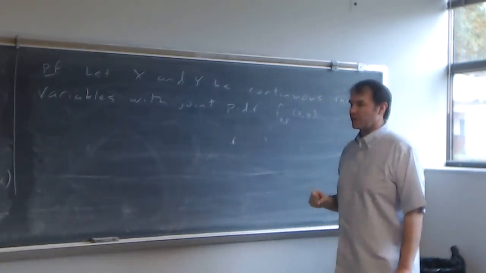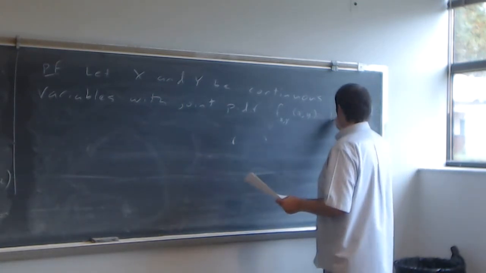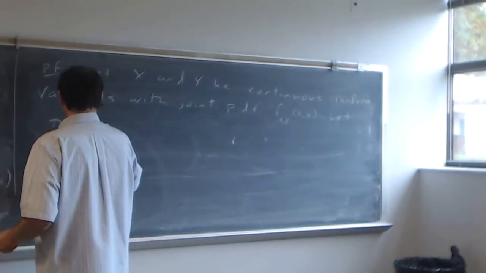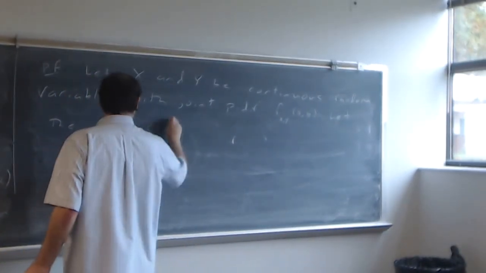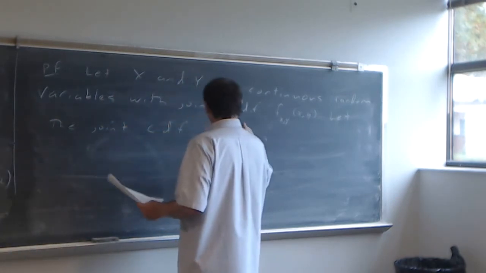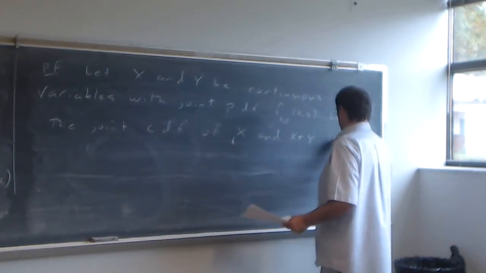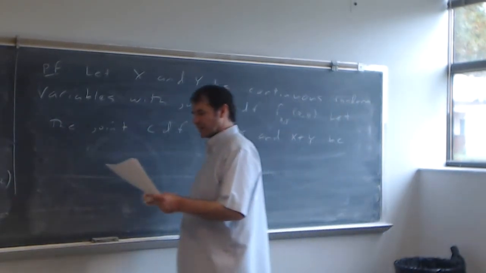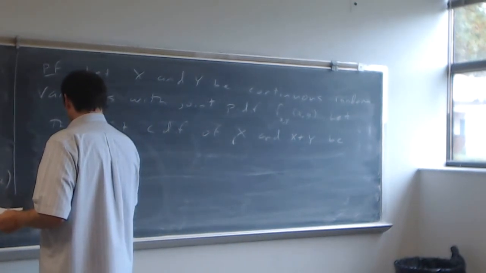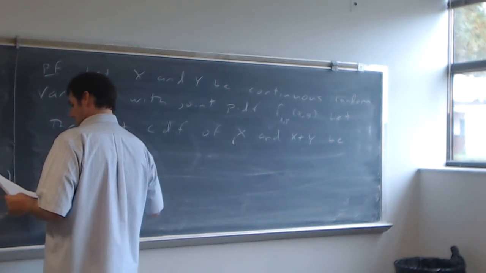So that's what we'll start off with. We're going to consider the joint CDF. So we're going to let the joint cumulative distribution function of X and X plus Y be denoted by big F of X comma X plus Y, at little x, t.